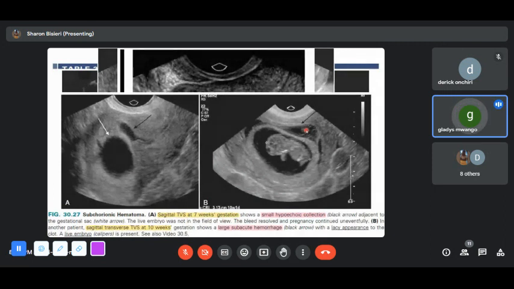Both are important, because this can threaten the pregnancy, and if a follow-up is done, then you want to know if there's continued bleeding. So it's nice to document how much of the fluid is there and what percentage of the chorionic sac it occupies.